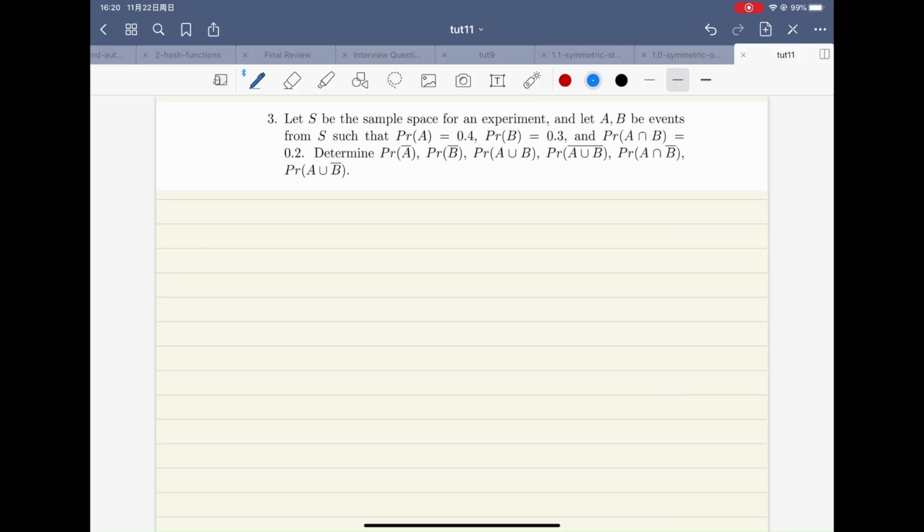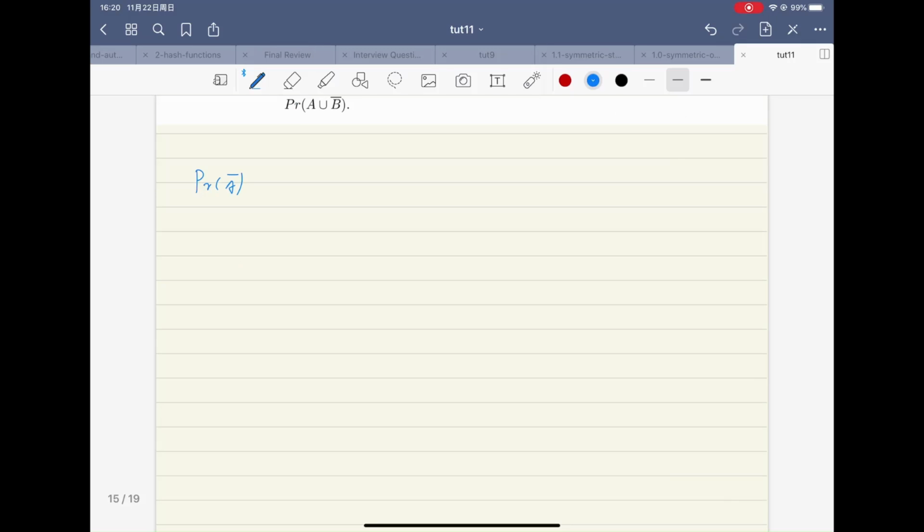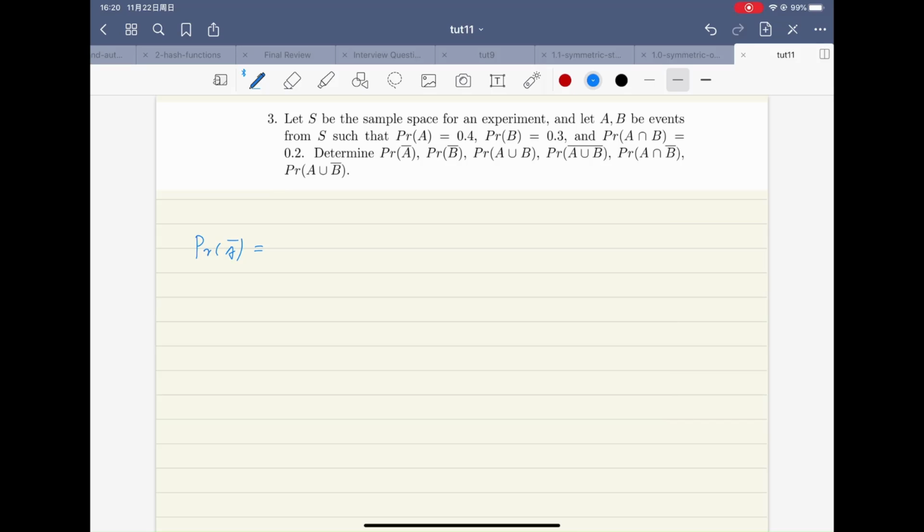And so for the first one, we have the probability of the complement of A. We know the probability of event A is 0.4. So the probability of the complement of A is equal to 1 minus the probability of A. Yep, that's it.